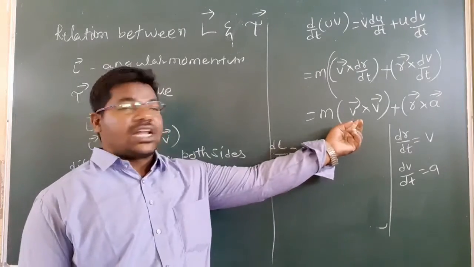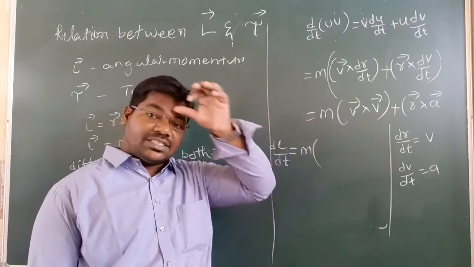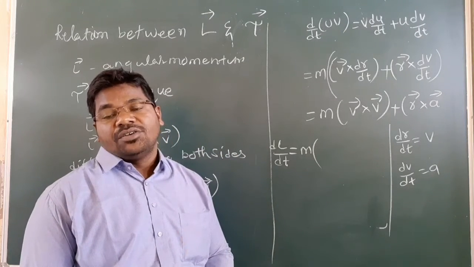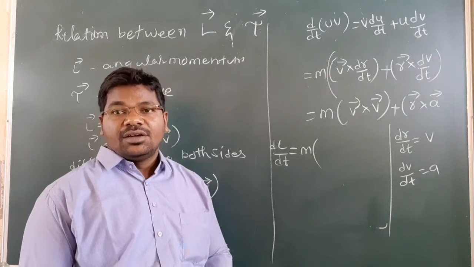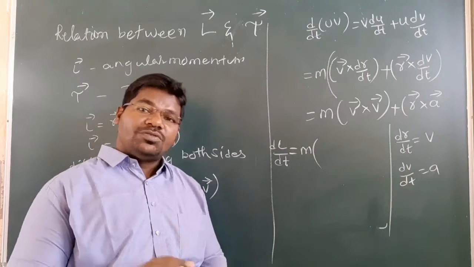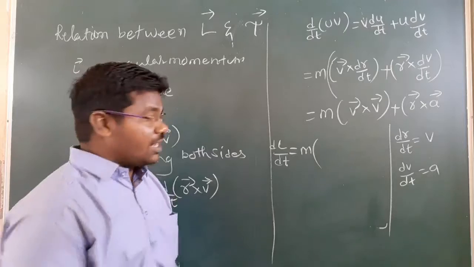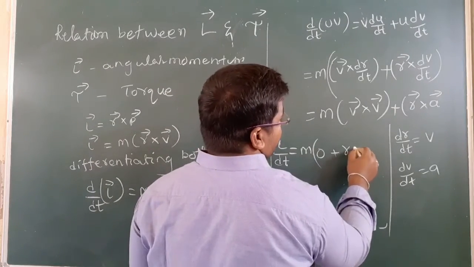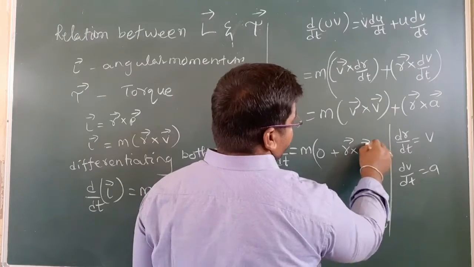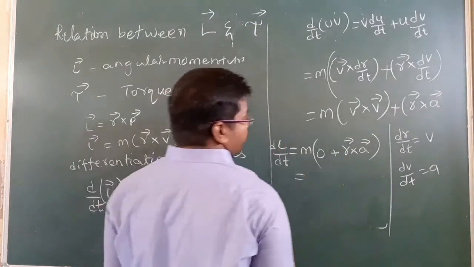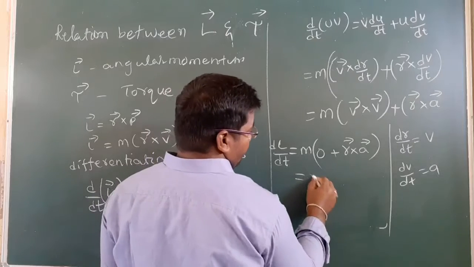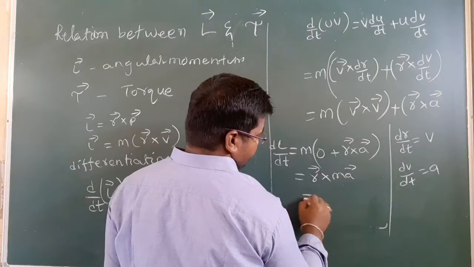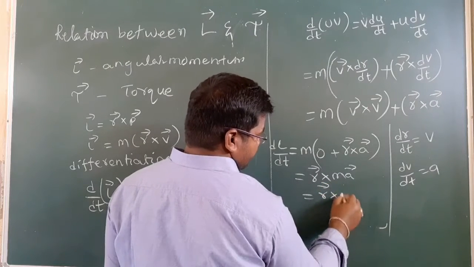According to the cross product, v bar cross v bar, the same vector, is v into v sin theta, and the angle between both velocity vectors is 0. Plus r cross a. Rearranging this, r bar cross m a bar, r bar cross f bar.